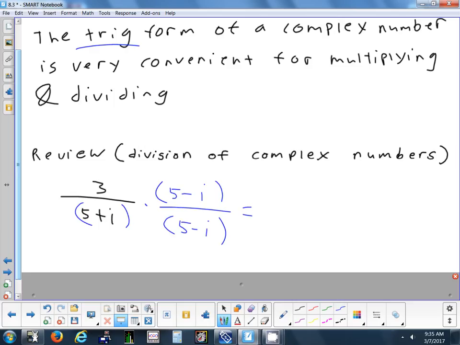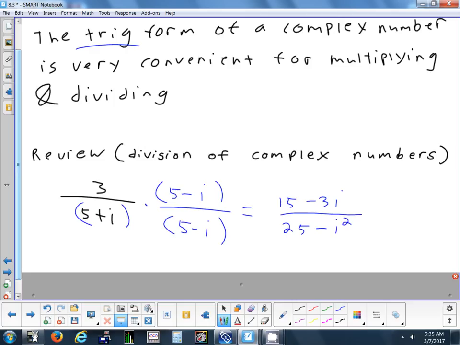Okay, now I need to distribute this out. 3 times 5 is 15. 3 times negative i, minus 3i. Now in the bottom, I got 5 times 5. What happens to 5 times negative i? 5 times positive i. That cancels. What's a positive times a negative? Negative. i times i?